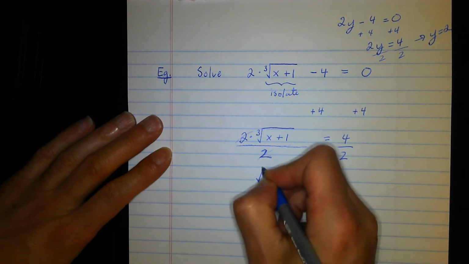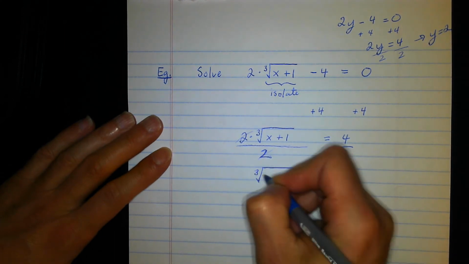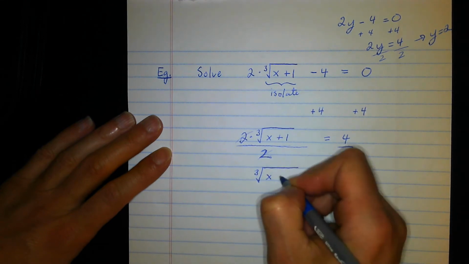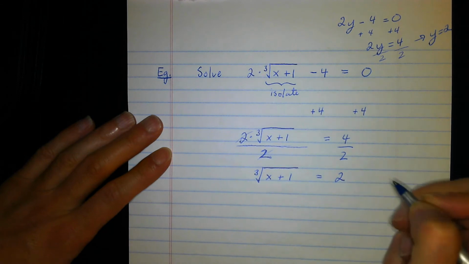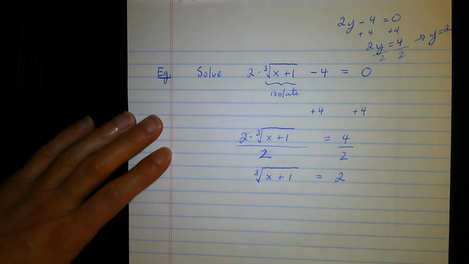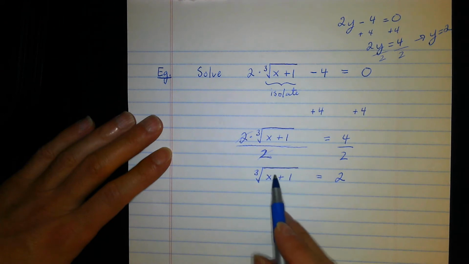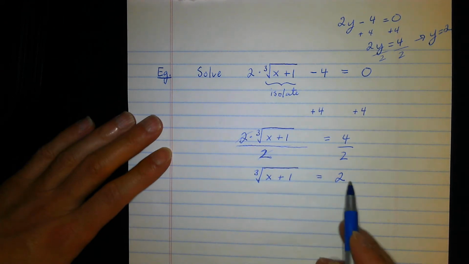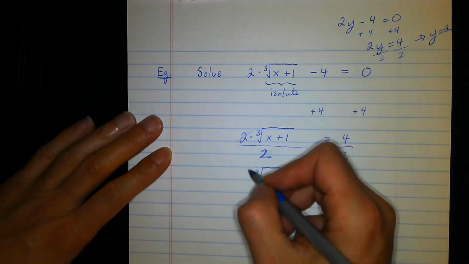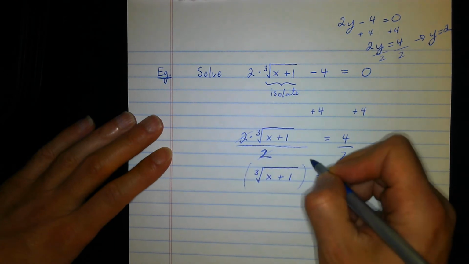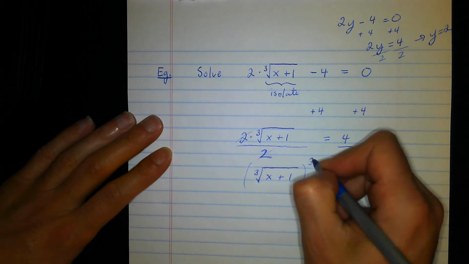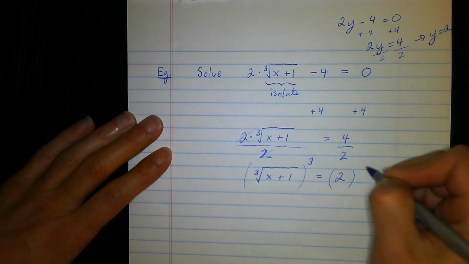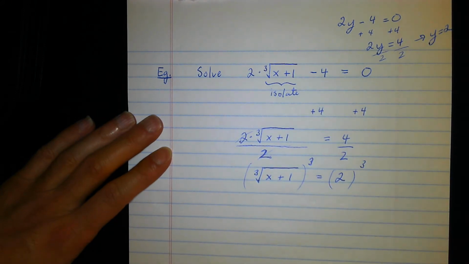So I'm just left with the cube root of x plus 1 equals 2. And I think you can take a pretty good guess here. You probably can see x equals 7 at this point, because 7 plus 1 is 8. Cube root of 8 equals 2. But at this step, we would cube both sides, because we have a cube root. So we need to cube both sides, like so.